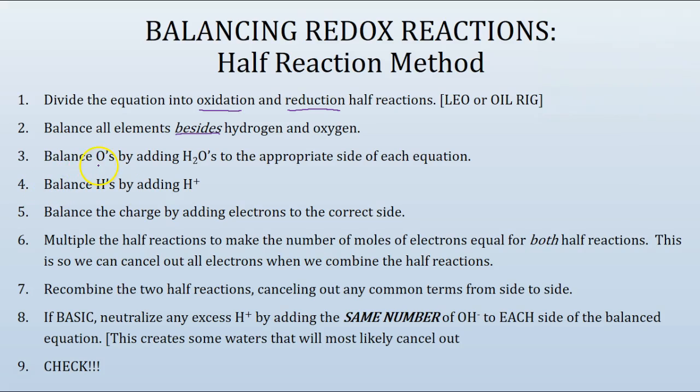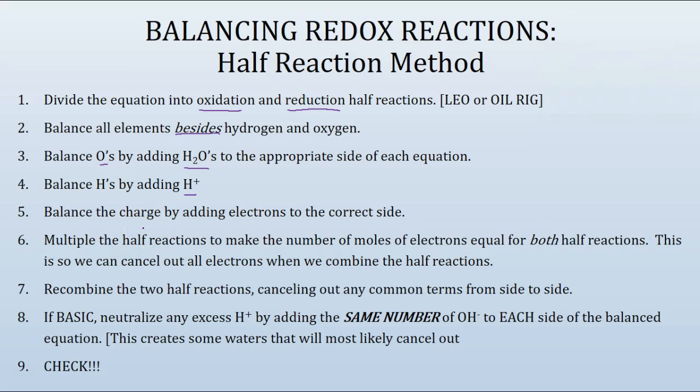Then step 3 is to balance the O's by adding water on the opposite side of the O. Once you get the O's balanced, then we balance H's by adding H+ on the opposite side of the H's. Then we have to look at the charge. So we have to look at how many electrons were being lost or gained from side to side. And we have to add the electrons to the side that they're missing from.